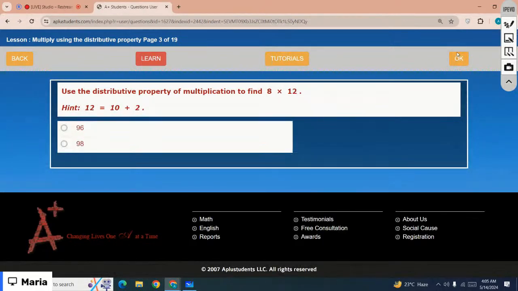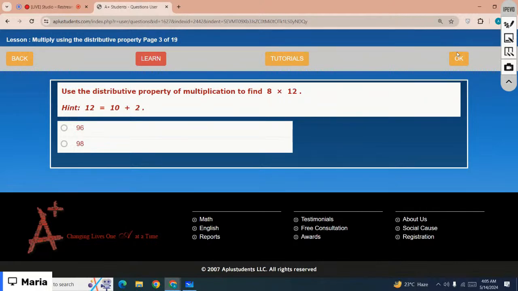The next one is use the distributive property to find 8 times 12. So which is the correct option? The correct option is 96. You need to use your notebook and do the multiplication using the distributive property, right?